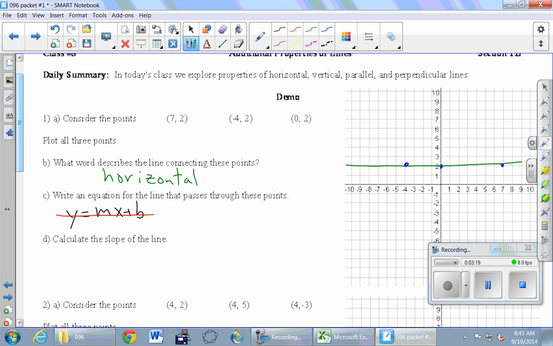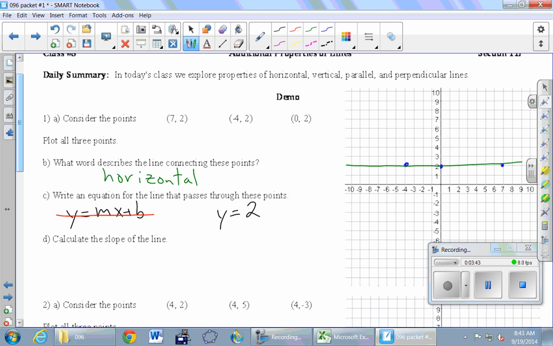And so I would rather us think about this intuitively. What is consistently the same for all 3 of these points, just looking at those numbers? The 2. And which one is the 2? Is the y value, right? So y is equal to 2 at all 3 of those points, and in fact, that's the equation of that line.